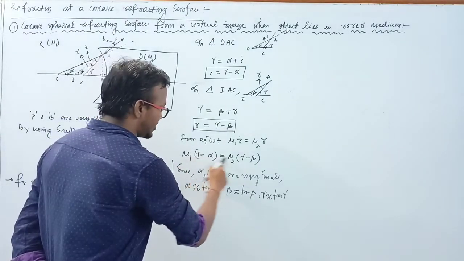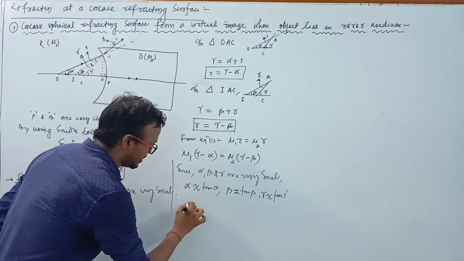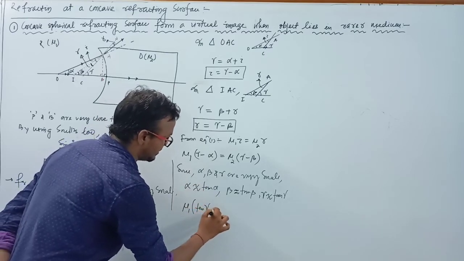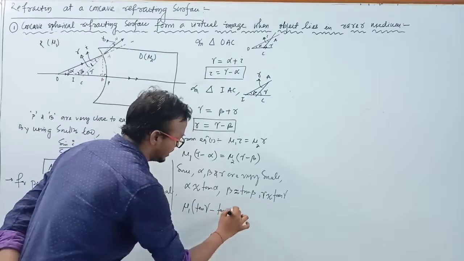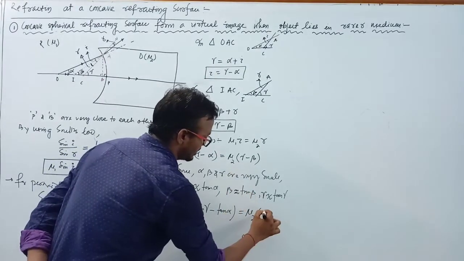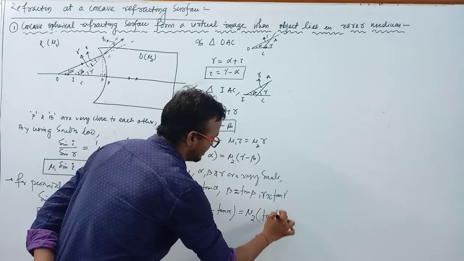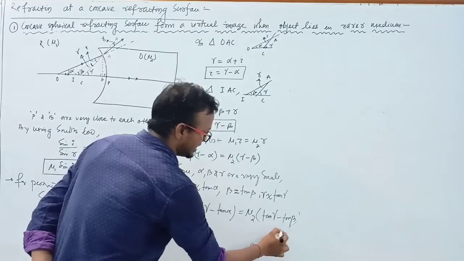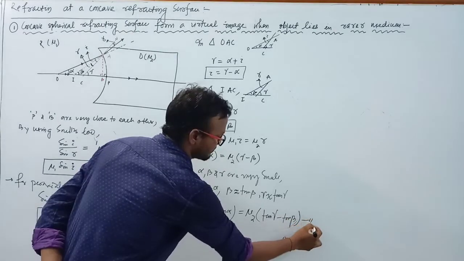So this relation can be written as mu1 times tan gamma minus tan alpha equals mu2 times tan gamma minus tan beta. This is equation number 2.